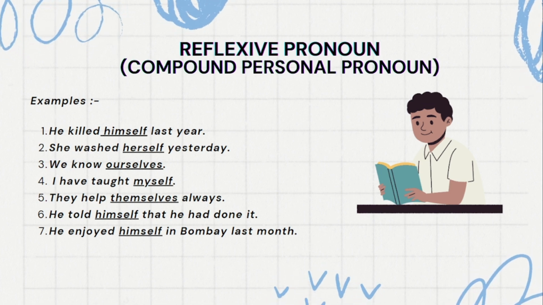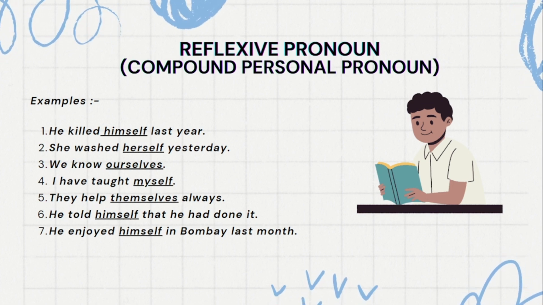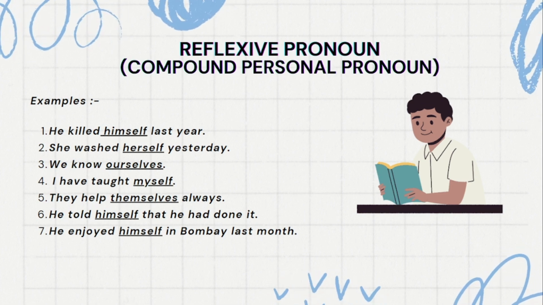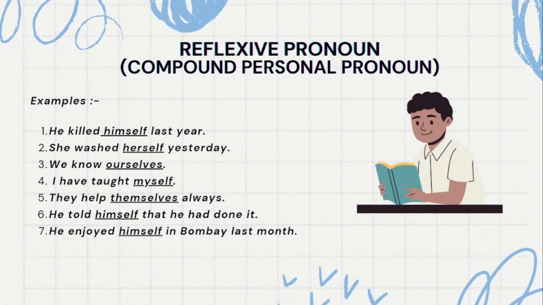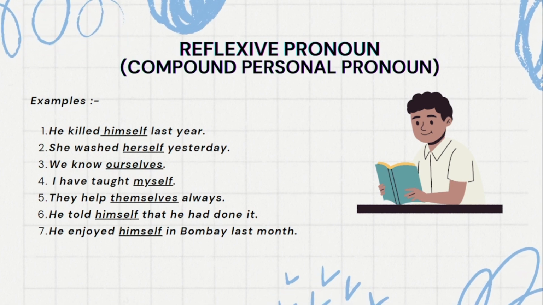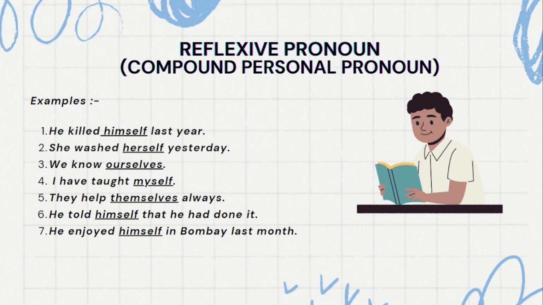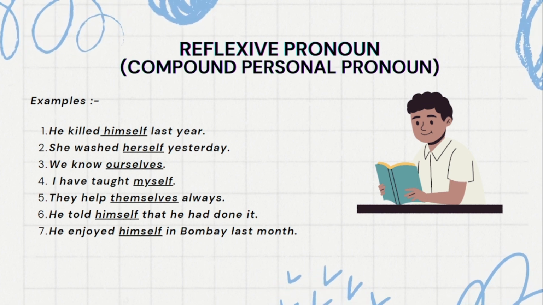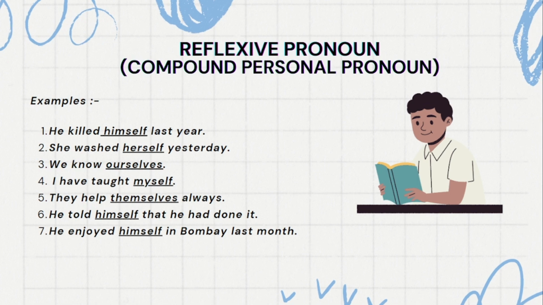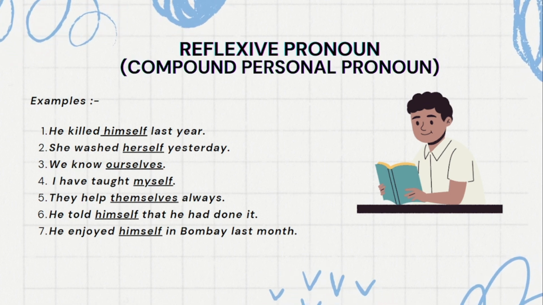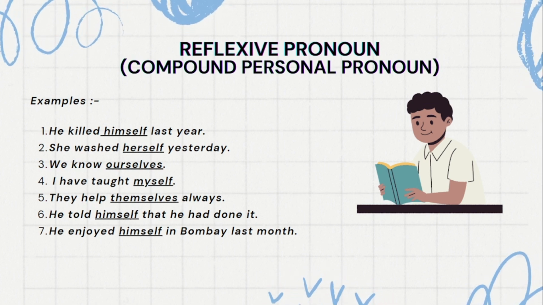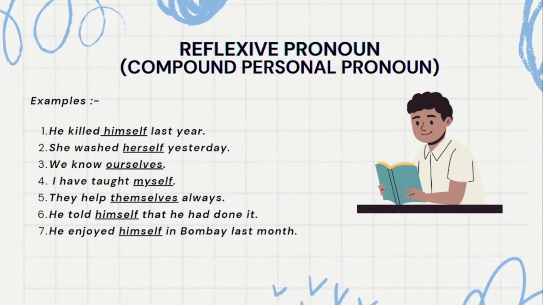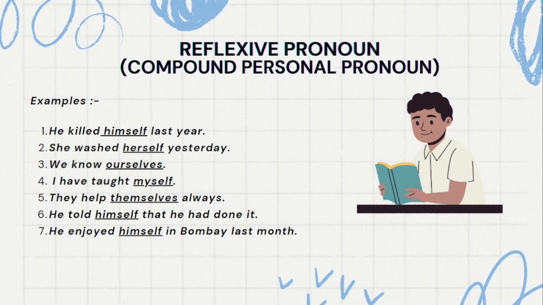Here, who is the doer of the action? I. Who is the receiver of the action? Myself. The doer of the action and the receiver of the action both are the same person. Here, the word myself, that is reflexive pronoun, turns the action of the verb taught falls upon the subject I.